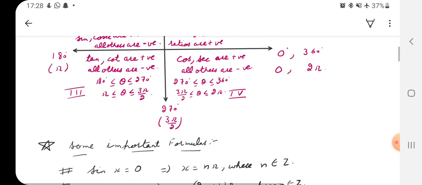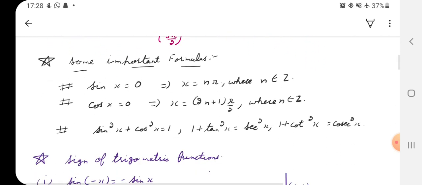Right now, moving forward, we have some important formulas which we will derive later. They say sin x equals 0 implies x equals n pi, where n belongs to integers. That means x is actually a multiple of pi, because x is n multiple of pi, and n is an integer, so x will be a multiple of pi.